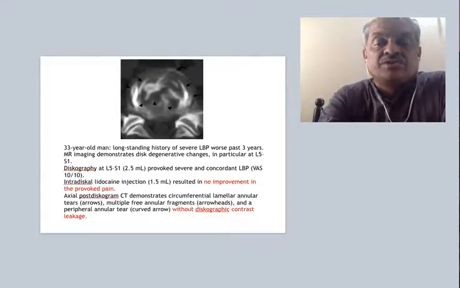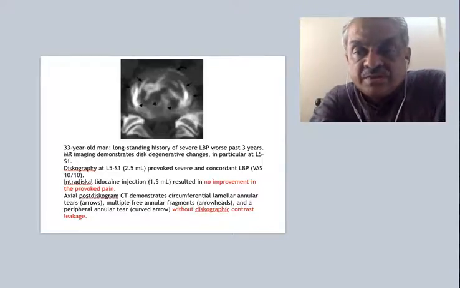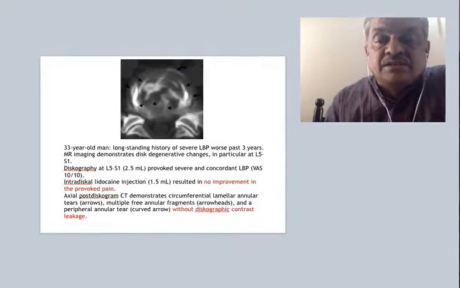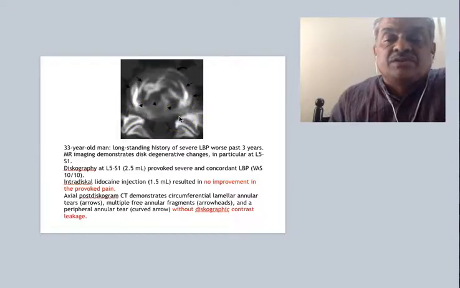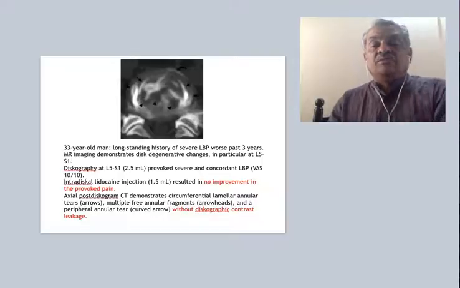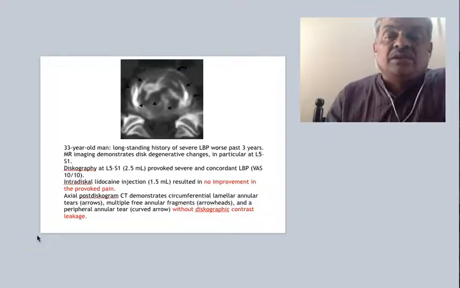The post-discogram CT shows a circumferential lamellar annular tear, multiple free annular fragments, and a peripheral annular tear, shown by the curved arrow in this picture, without discographic contrast leakage. Since there is no leakage of the dye in this area, the injection of lidocaine in this patient did not relieve the pain because it was not reaching the nerve supply outside the disc.